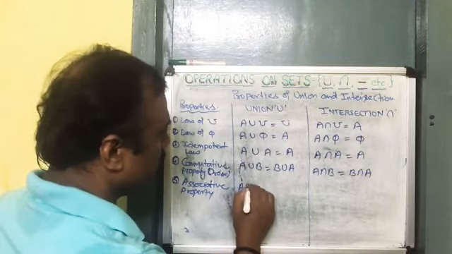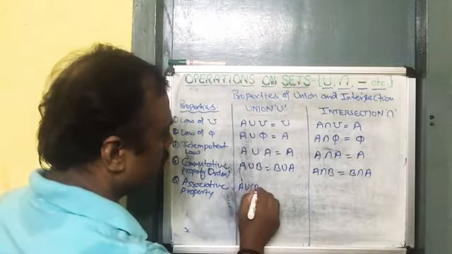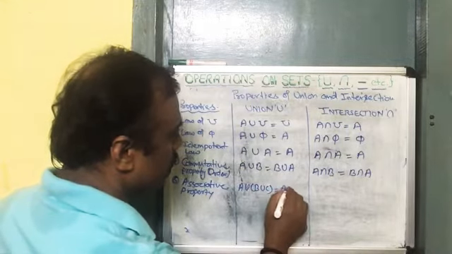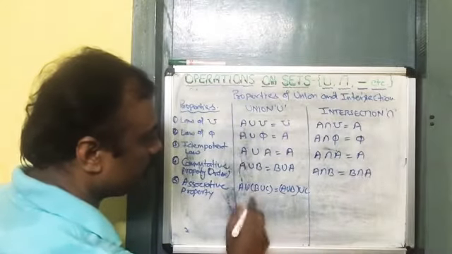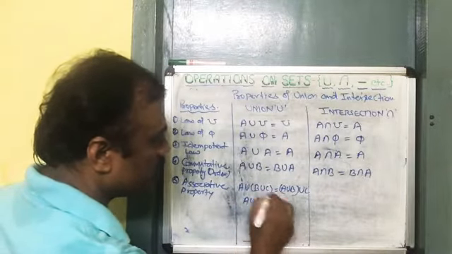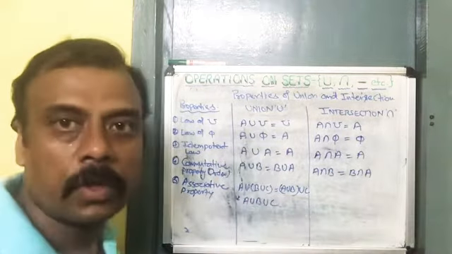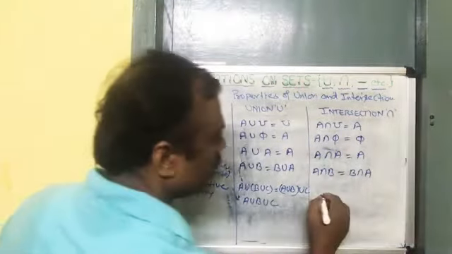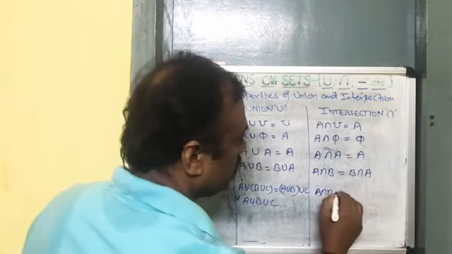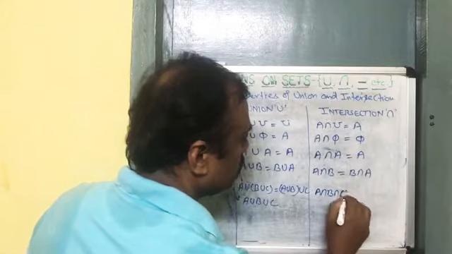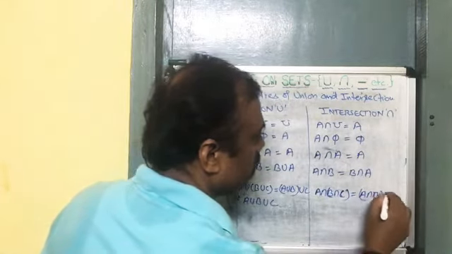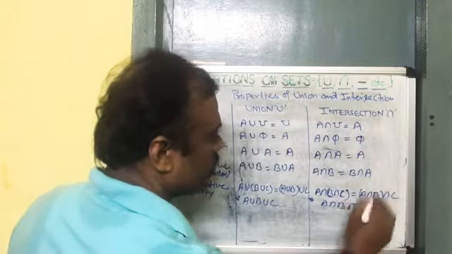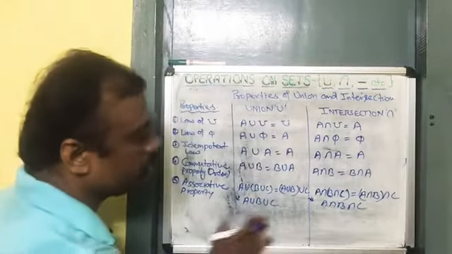So A union (B union C) is the same as (A union B) union C. If both are the same, then we can write A union B union C without using brackets. Similarly, A intersection (B intersection C) is the same as (A intersection B) intersection C. So in the same way we can write A intersection B intersection C.